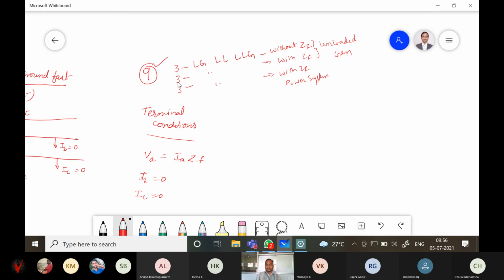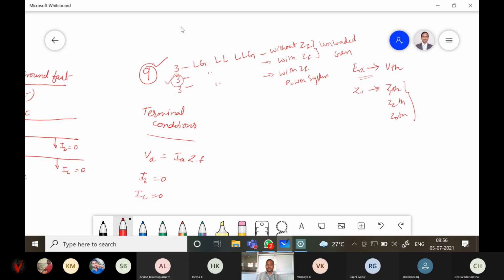If you know the second set of derivations, the third set is almost equal. Only a slight change: wherever EA is there, you replace it with VTH, and Z1 will be replaced by Z1TH, Z2TH, or Z0TH. That is the only change in these 9 derivations.